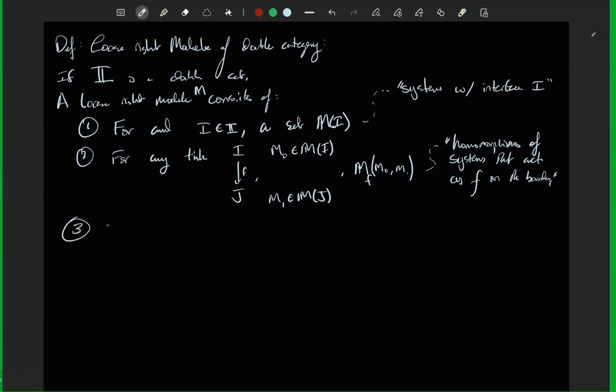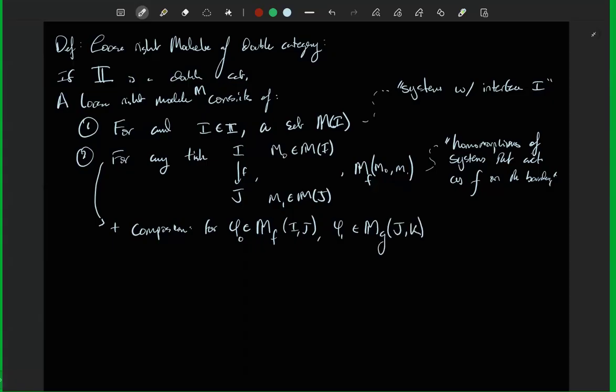And then 3, oh, and I should say, maybe before going on from 2, we have a composition: for phi naught in M_F(I, J), phi 1 in M_G(J, K), we get phi 1 after phi naught in M_(G after F)(I, K).